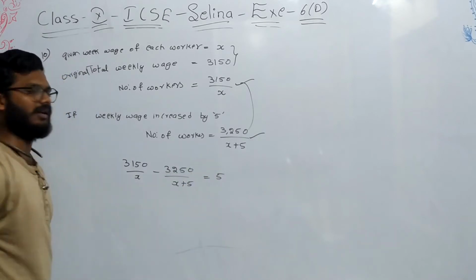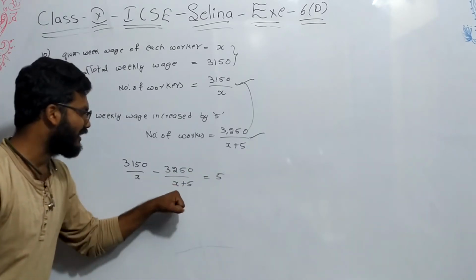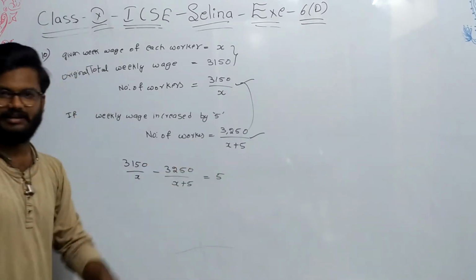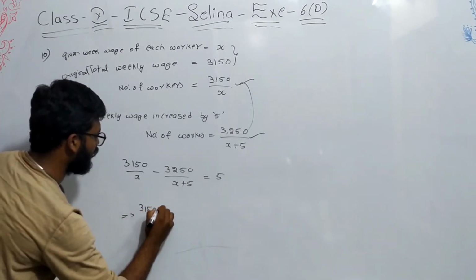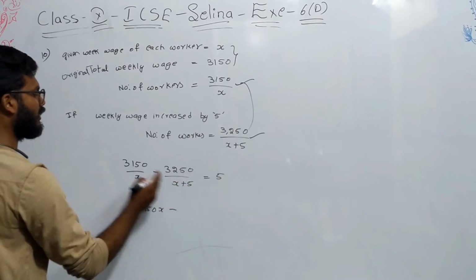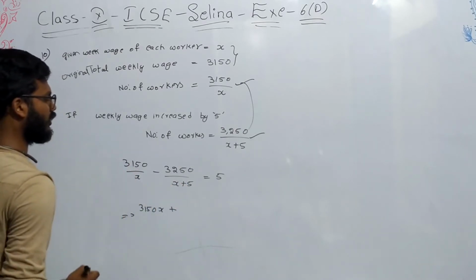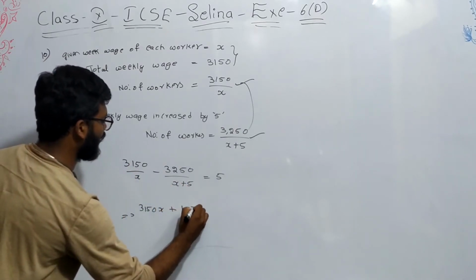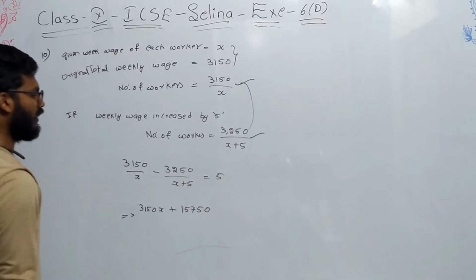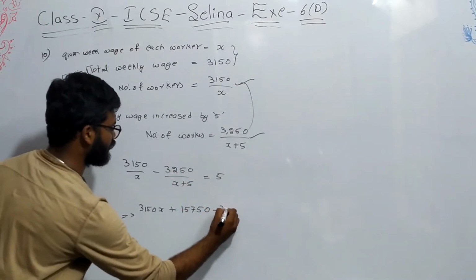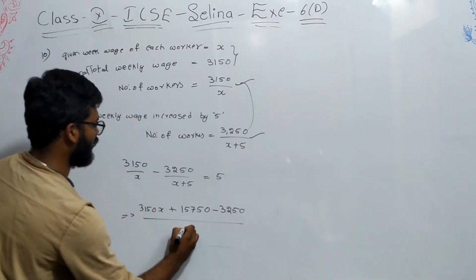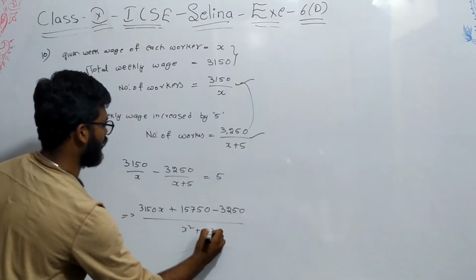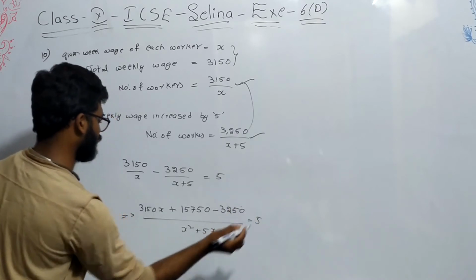So if you solve it, 3150 into x plus 5 minus 3250x, by x square plus 5x, is equal to 5. That is 15,750 plus 3150x minus 3250x.